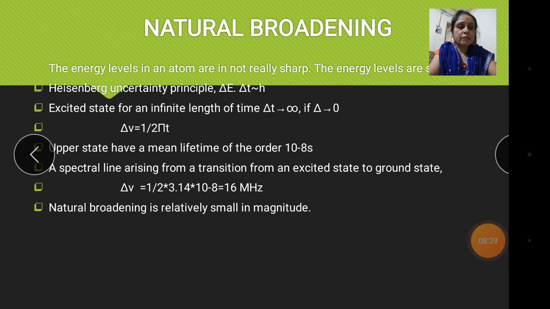So natural broadening is relatively small in magnitude. In this way we have discussed line broadening and the natural broadening process. Thank you.